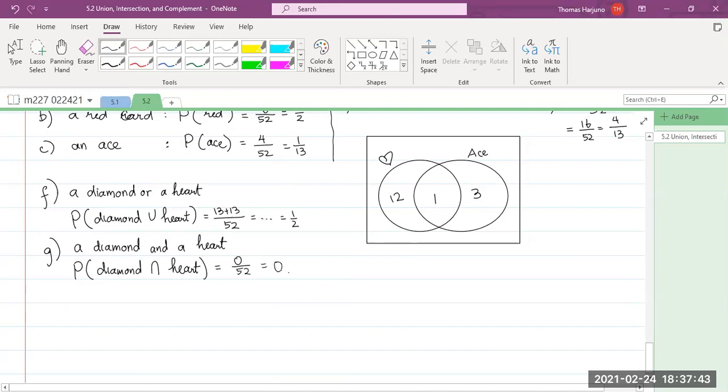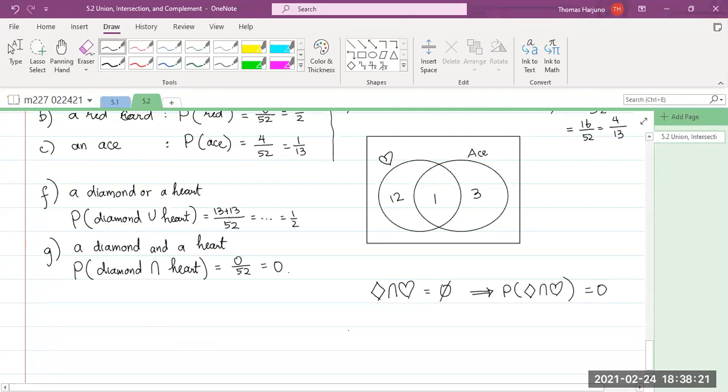In fact, if you think about it, the intersection of diamond and heart is the empty set. There is no intersection. These two sets are disjoint. Therefore, the probability for the intersection to happen is 0.